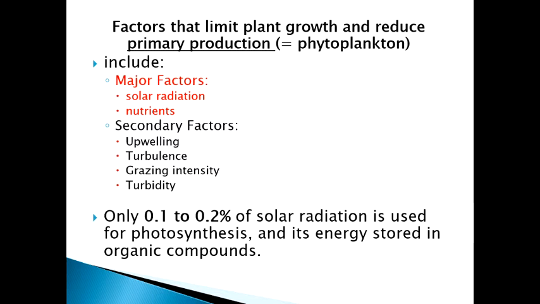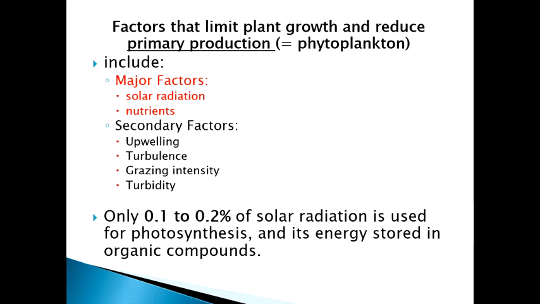The plants, the first part, the basis for all of these food systems. And these plants are going to have several factors that influence how abundant they are, how productive they are. The two big ones being the ones in red there, the sun, solar radiation, and nutrients, the food that they're getting.